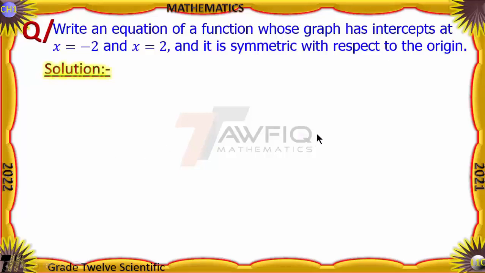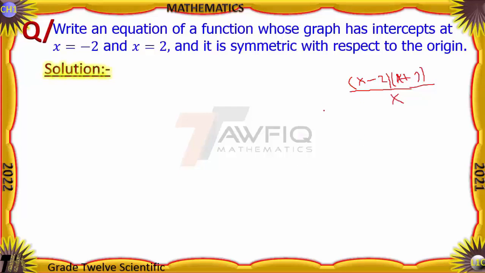First of all, write the product of the intercepts in the numerator like this: x minus 2 times x plus 2, and then to make it an odd function, write an odd function in the denominator. Let it be x.